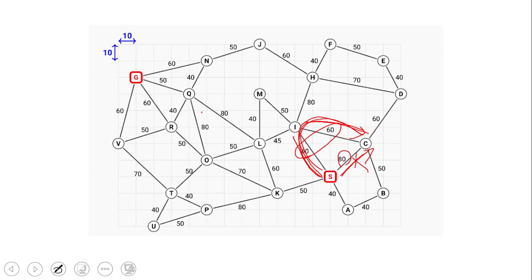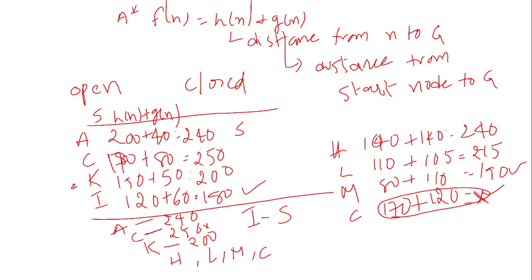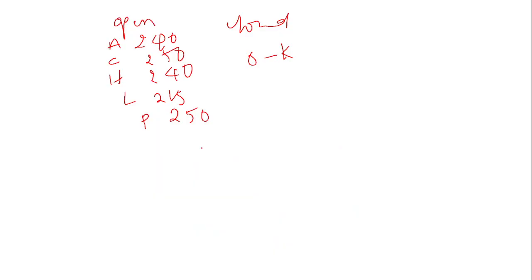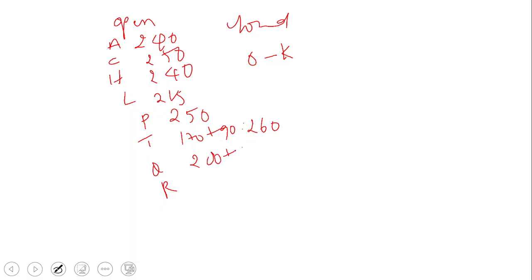Now we have to write what are the nodes connected to O. What are the nodes connected to O? P, R, Q. Okay. So the nodes connected to O are P, Q, R. P is having 170 plus 90, that is equal to 260, and Q is having 200 plus 40, that is equal to 240, and R is having 170 plus 50, that is 220.